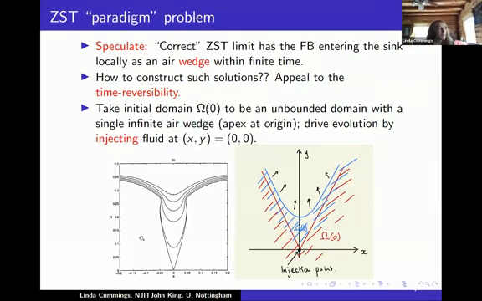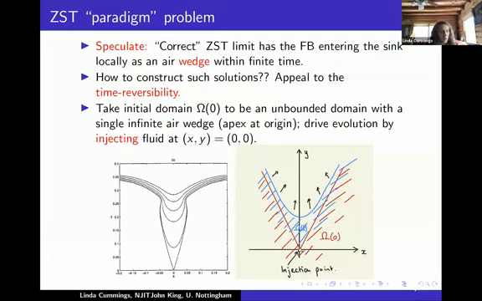What we need to do is take an initial fluid domain omega at time 0 to be an unbounded domain with a single infinite air wedge. That's the red domain sketched here. That would be the initial domain. It's got air here, fluid where the color is. And drive that evolution by injecting fluid at the origin in the cell.